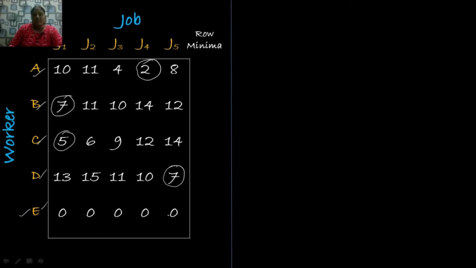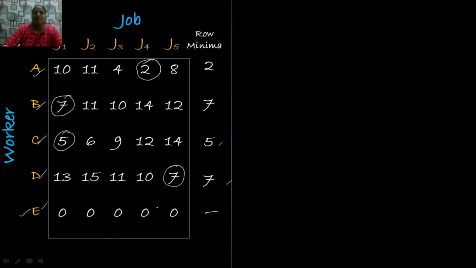The last row has zeros already, so no need to pick the minimum element. So, just leave it.